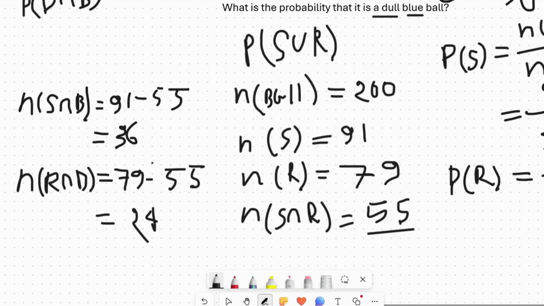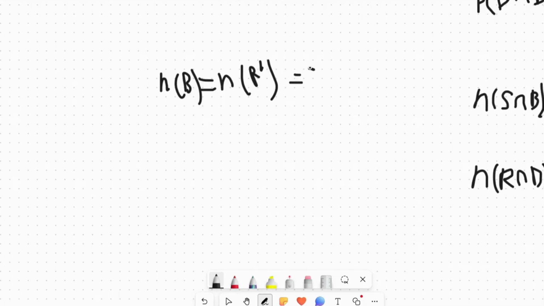Then we find the total number of non-red balls from here: 200 minus total number of red balls, which is 79. So we find the value is 121.